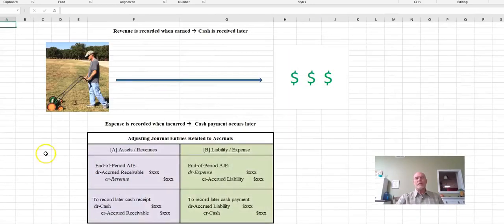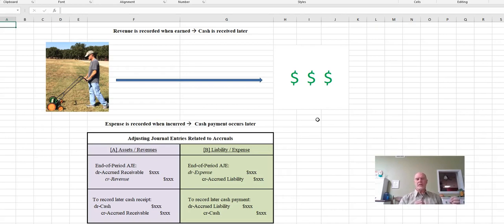Sometimes we have the reverse situation. An activity happens first, and then the money changes hands later. For example, if we do work for a customer, anytime we do work, we record the revenue.